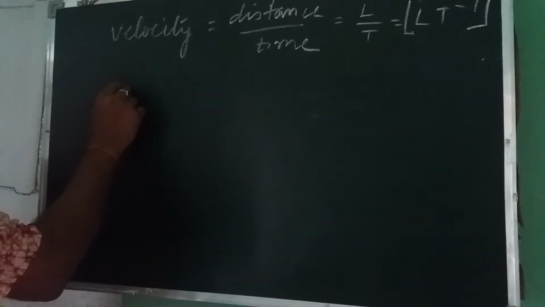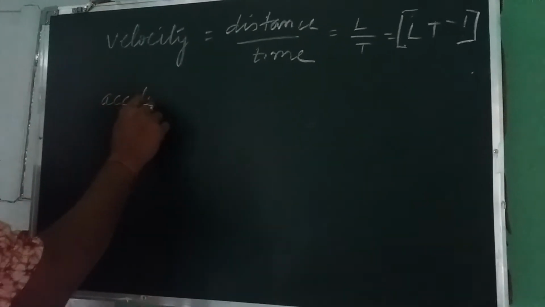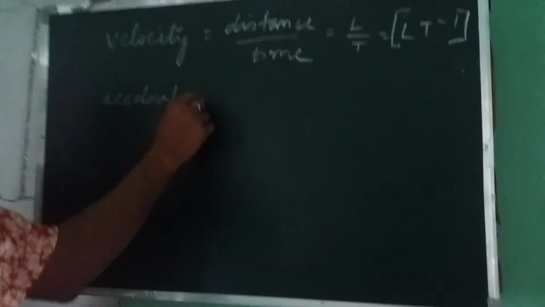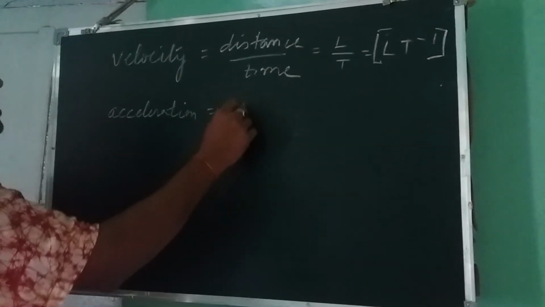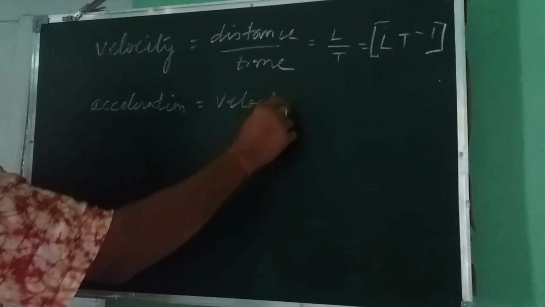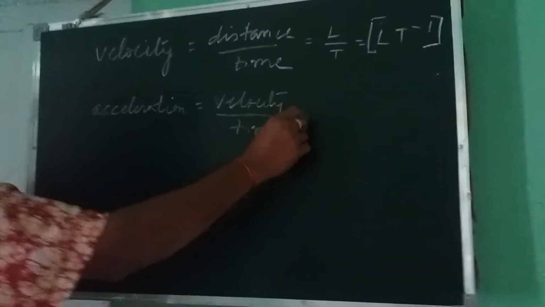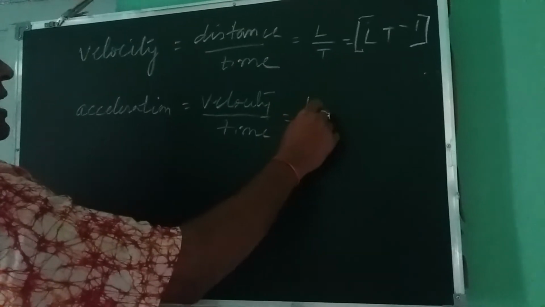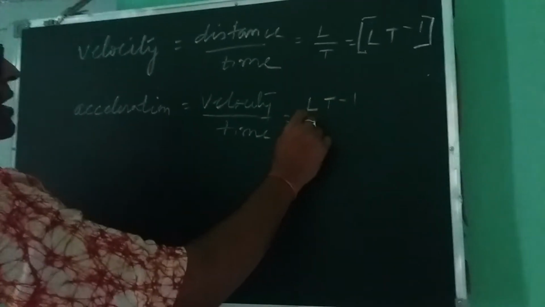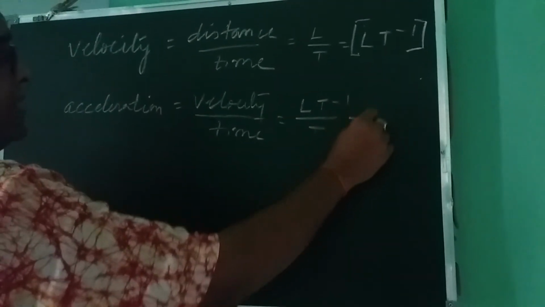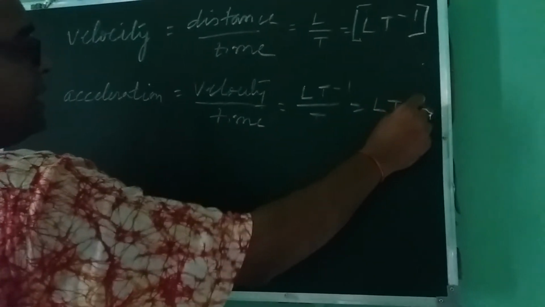Now acceleration. Acceleration is equal to velocity by time. The dimension of velocity is L T to the power minus 1, divided by T, so there will be L T to the power minus 2.